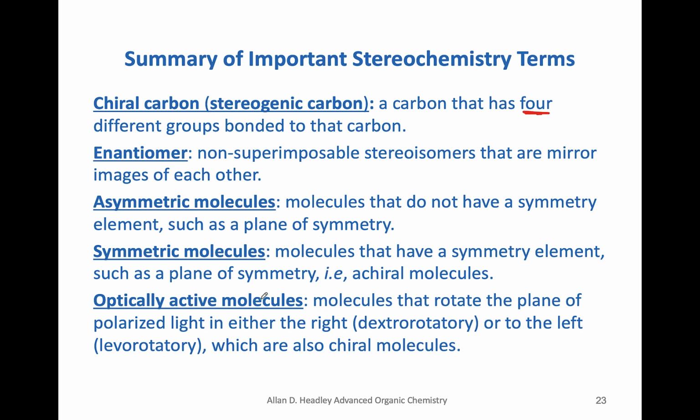Optically active molecules are molecules that rotate the plane of polarized light. They are, in fact, typically enantiomers. If it rotates to the right, it's dextrorotatory, to the left, levorotatory, or positive and negative. Again, remember that these are experimentally determined, whereas the R and the S, the absolute configuration, are absolute assignments.